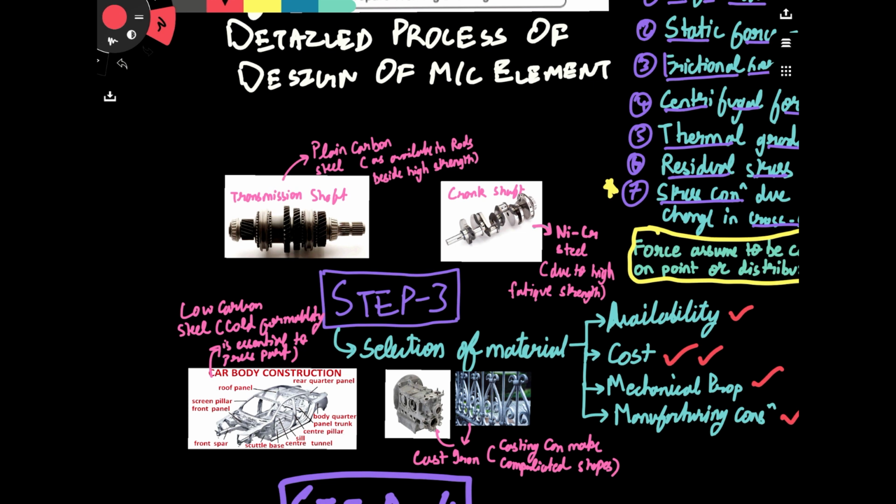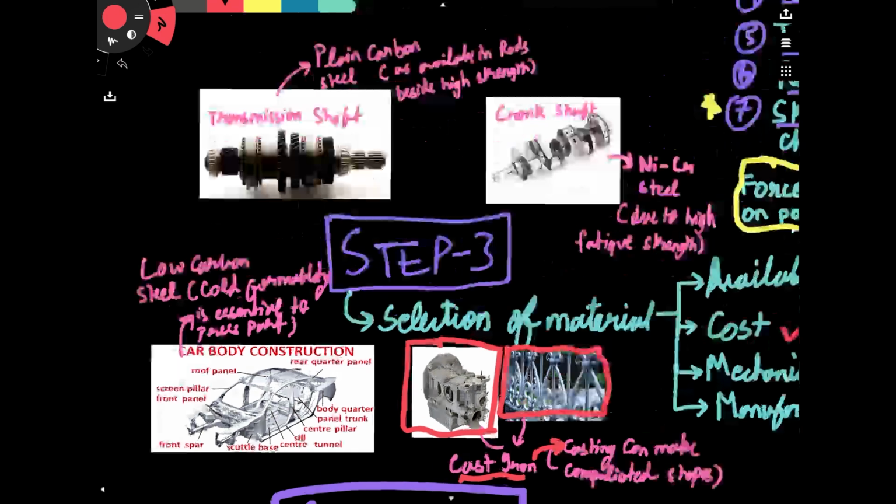So let's take an example. Let's say I have to make an engine block, and let's say I have to make this kind of railing, the beautiful railing. So what material am I going to choose? I'll choose cast iron without any ado. You know why? Because casting can make complicated shapes, right? And this is a very complicated shape.